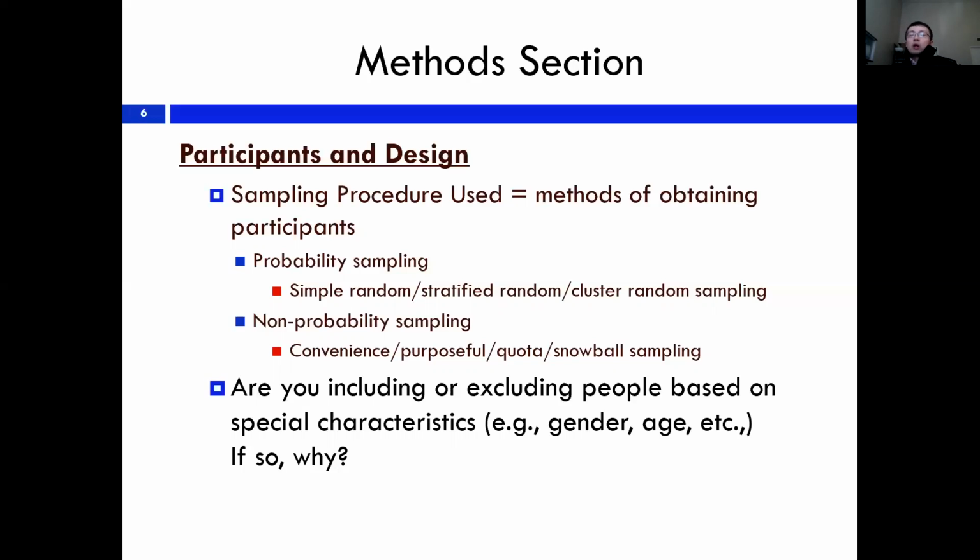I probably won't be able to have everybody from Cal State LA come to my lab. I probably will just have a small sample. But what if you want to control for the gender effect? You probably want to make sure the gender composition in your sample matches the population. So in that case, you should definitely want a stratified random sample.